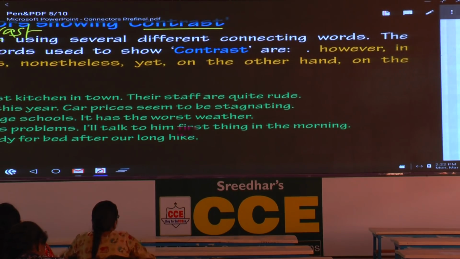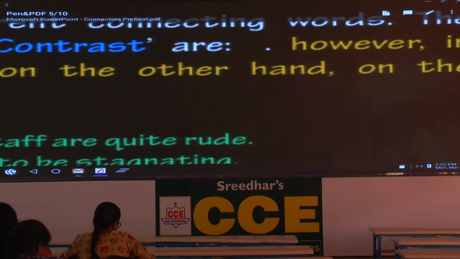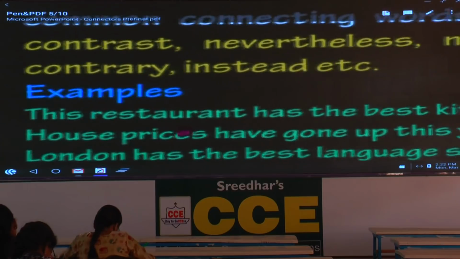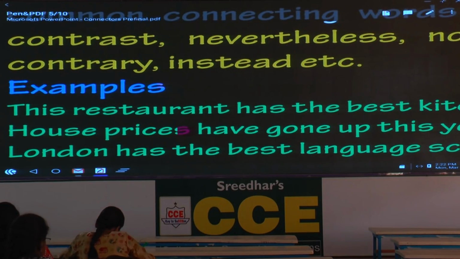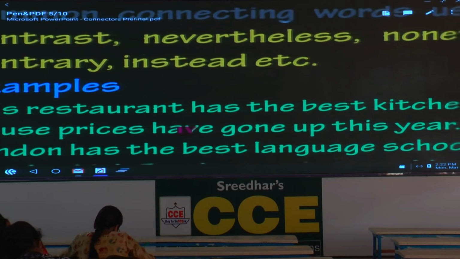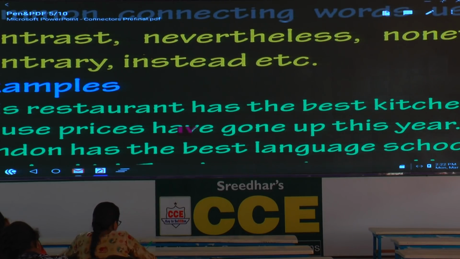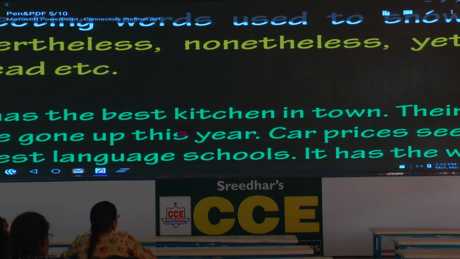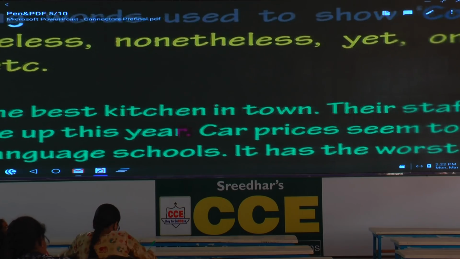However. First one is what? However. Second one. In contrast. Third, nevertheless. Contrasting words are very important. Nonetheless. Yet.